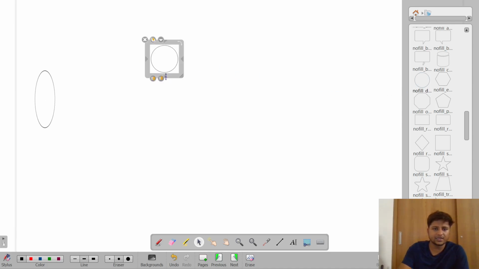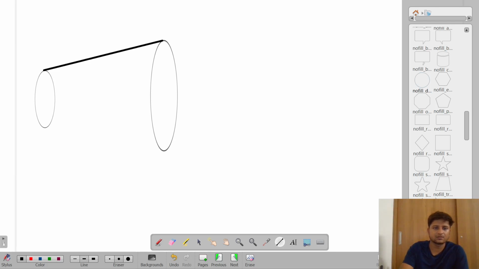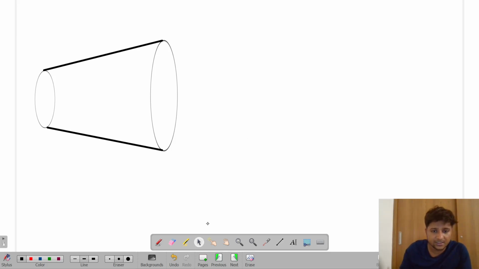So we did the cylinder case, but we didn't do the elongated cylinder case. So we have this kind of a cylinder. Yeah, kind of a frustum.